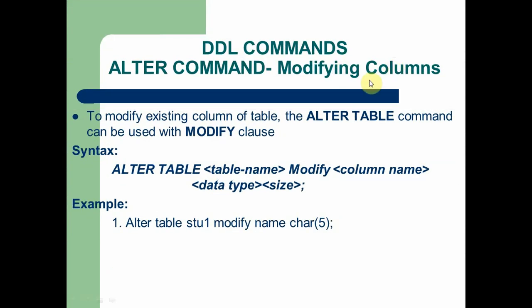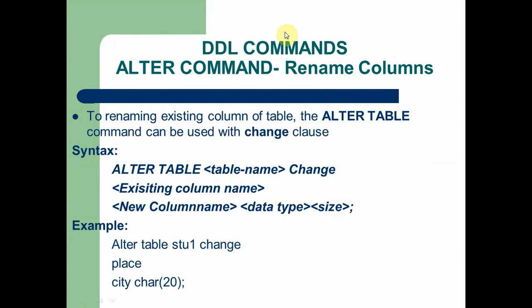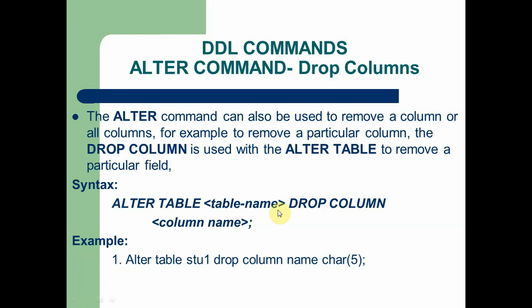There we are not changing the name of the column, we simply change the column data type and column size. In this renaming column command, we are using a keyword called change to change the name of the column from the existing name to a new name with a new data type as well as a new size.